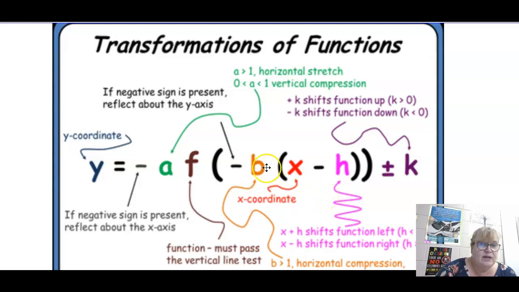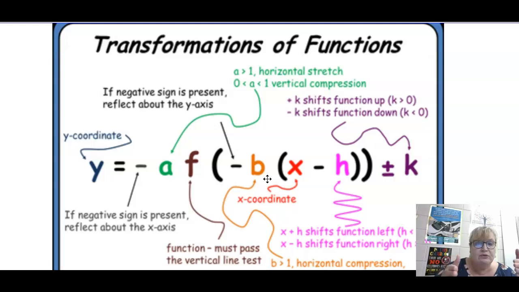The next thing you would apply is out here, the b. And because it's still in the parentheses, it is the opposite of what it seems, but it is affecting the x values, so it is a horizontal stretch or shrink. So it would change the x-intercepts. It would shrink the graph if it was a whole number like 2 or 3 or even 2.5.